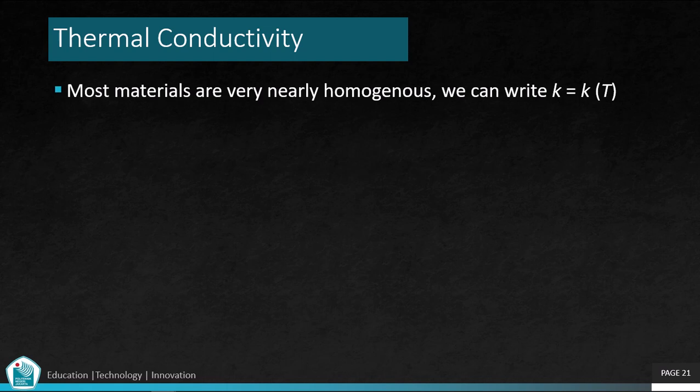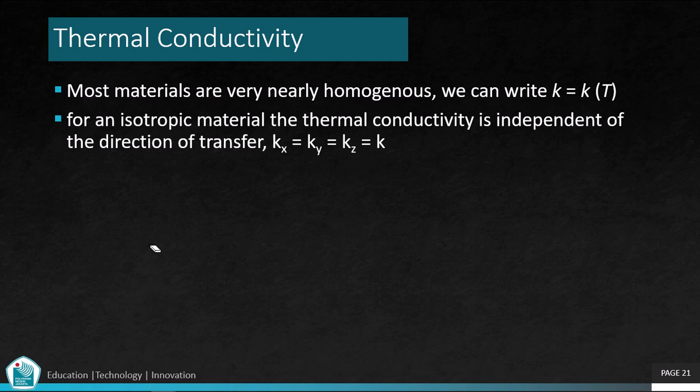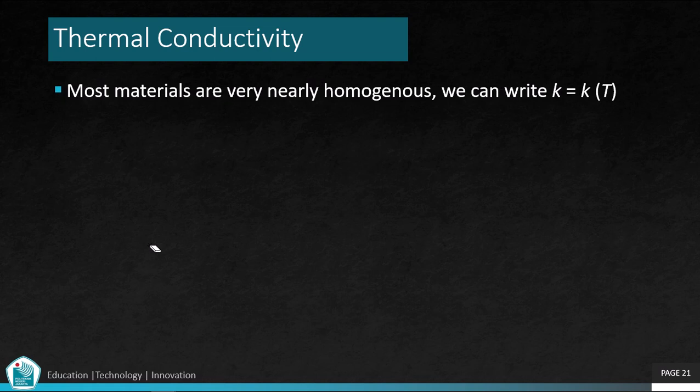And then, if the materials are nearly homogeneous, we can write K as a function of T. It means it doesn't change so much, so we can write only K. Similar definitions are associated with the thermal conductivity in the Y and Z directions, so the same: Kx, Ky, and Kz.